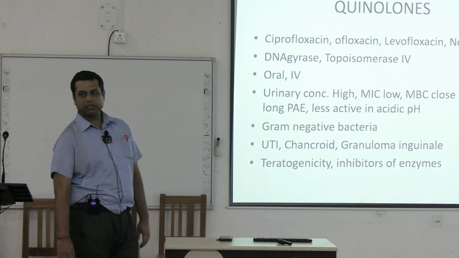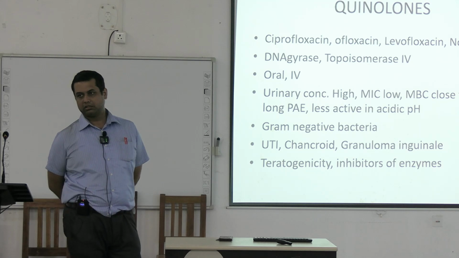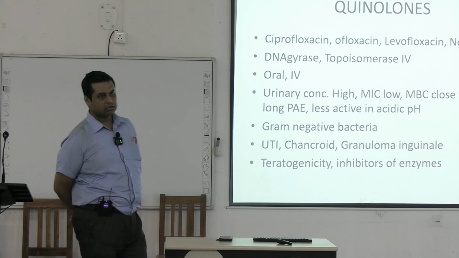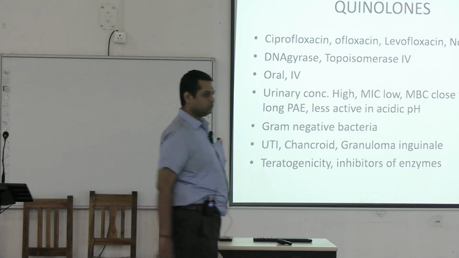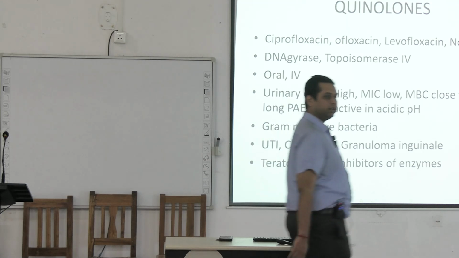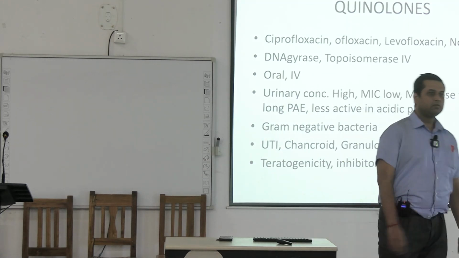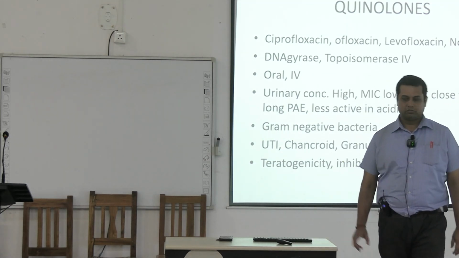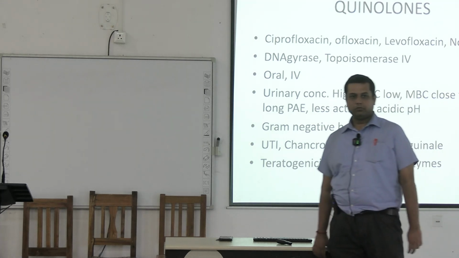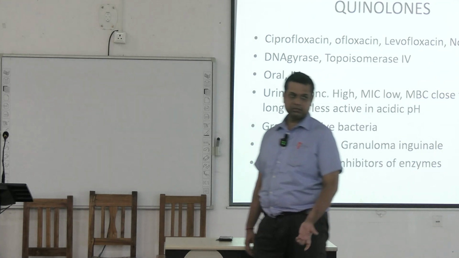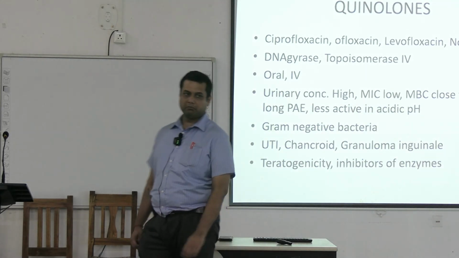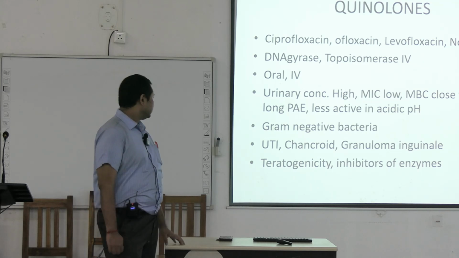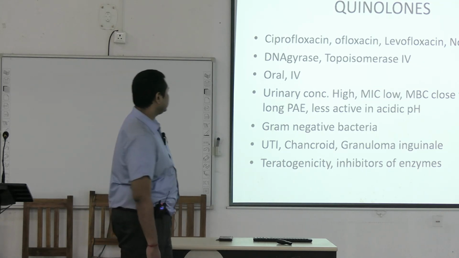What is the function of DNA gyrase? It leads to synthesis of DNA that helps in multiplication of bacteria. So these fluoroquinolones prevent the multiplication of bacteria. DNA gyrase and topoisomerase 4.